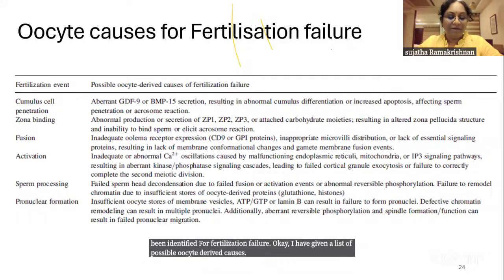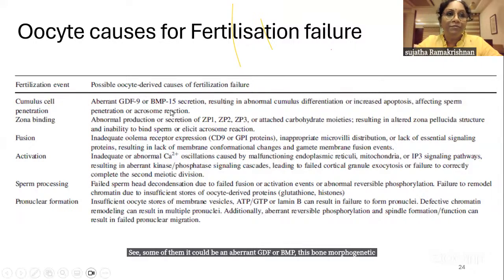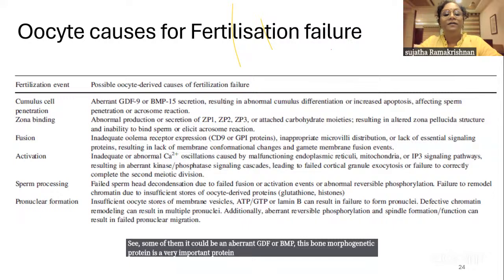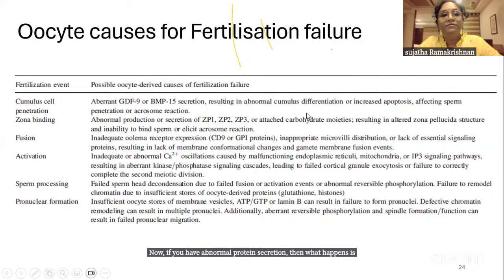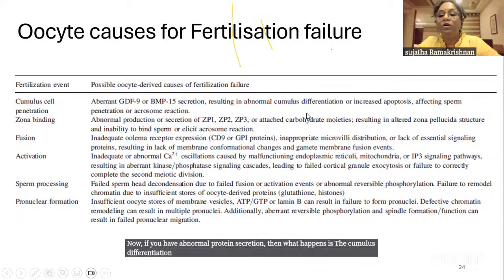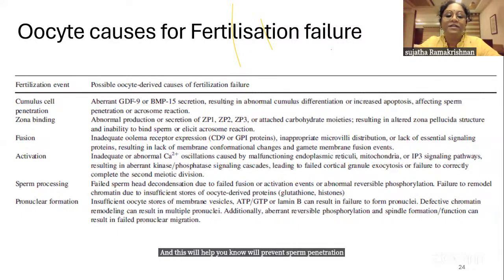Some of them could be an aberrant GDF or BMP. This bone morphogenetic protein is a very important protein which is involved in fertilization. If you have abnormal protein secretion, then the cumulus differentiation becomes abnormal. There is increased apoptosis, and this will prevent sperm penetration or acrosome reaction.